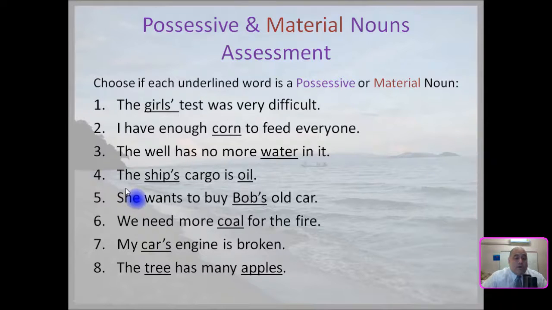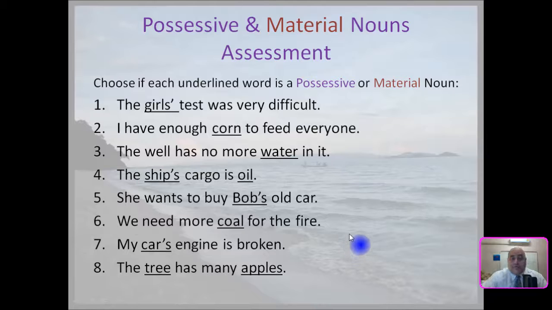Number 4, the ship's cargo is oil. Number 5, she wants to buy Bob's old car. Number 6, we need more coal for the fire. Number 7, my car's engine is broken. And number 8, the tree has many apples.